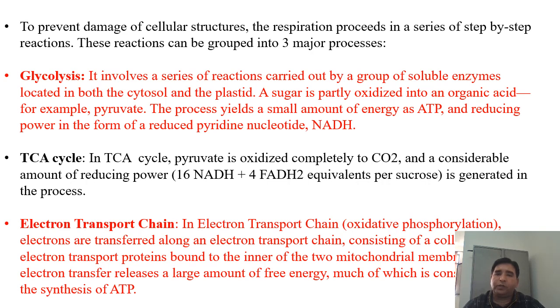Here, sugar is oxidized into an organic acid, mainly pyruvate, and in this process a small amount of energy in the form of ATP and the reducing power NADH is released.